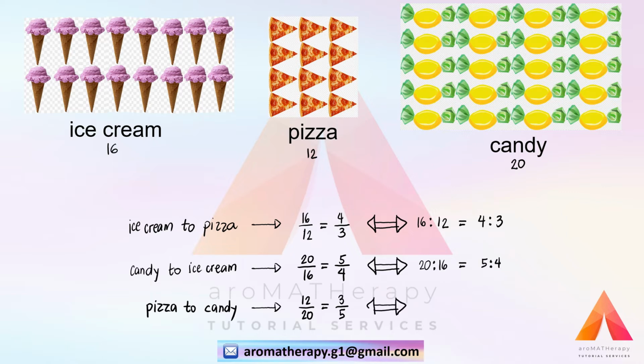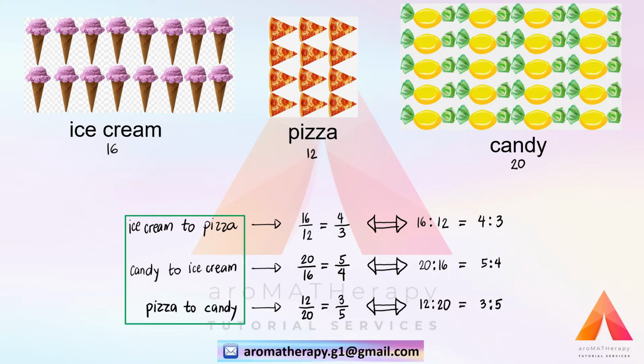Next, 12 is to 20 is equal to 3 is to 5. So using this illustration, we can define ratio.